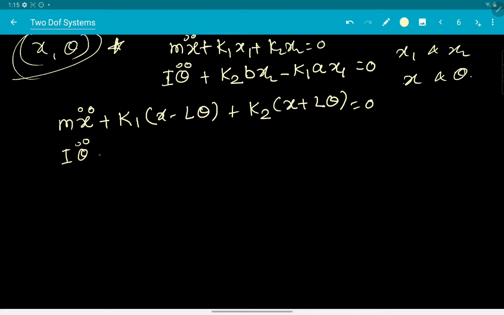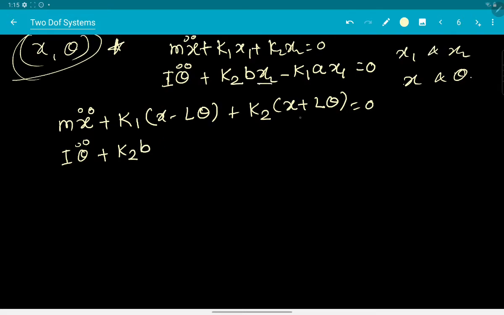then that will be equal to plus k2 into, this you will be able to write down in this fashion. You have b appearing over here, and then x2 is this one, which is x plus L theta, and you have k1 a into x minus L theta equal to 0.